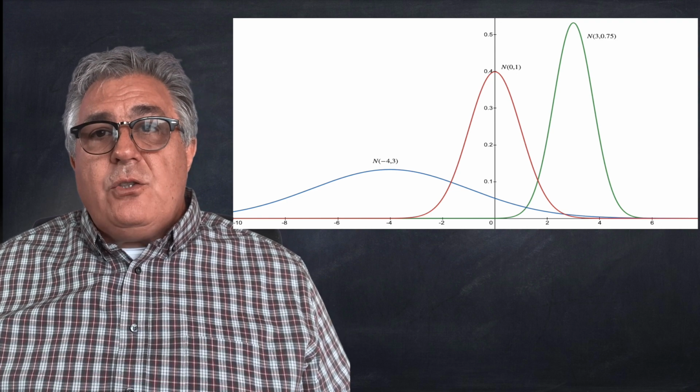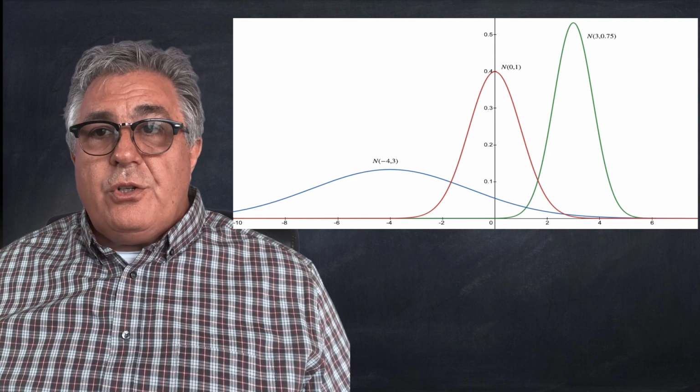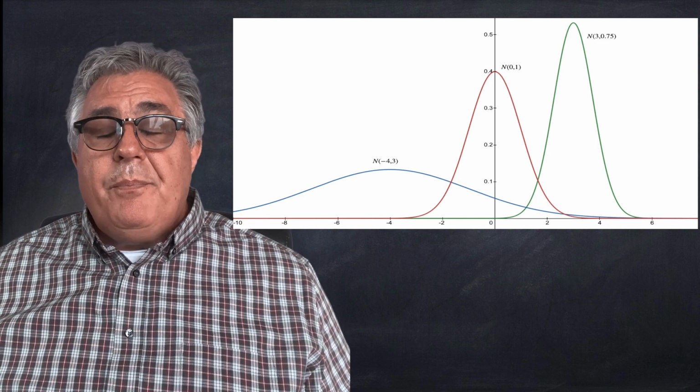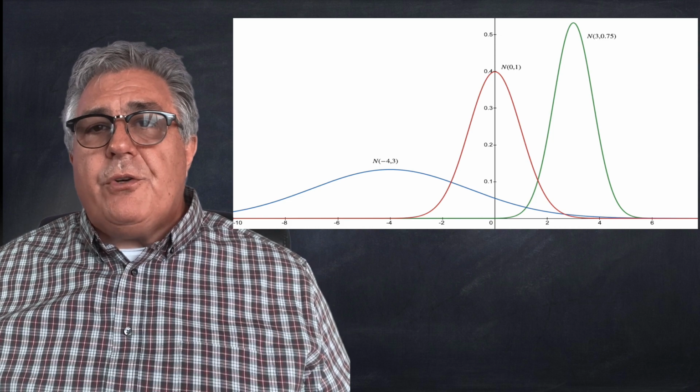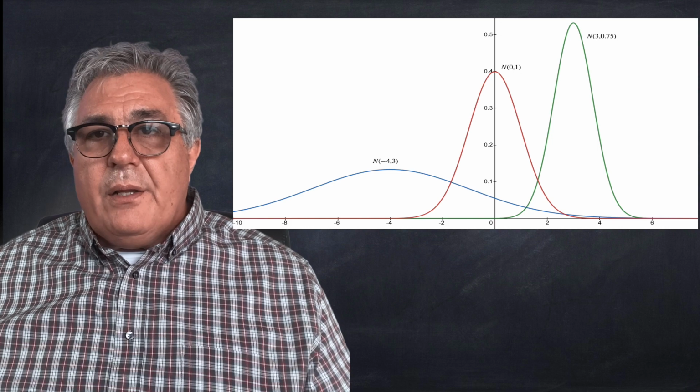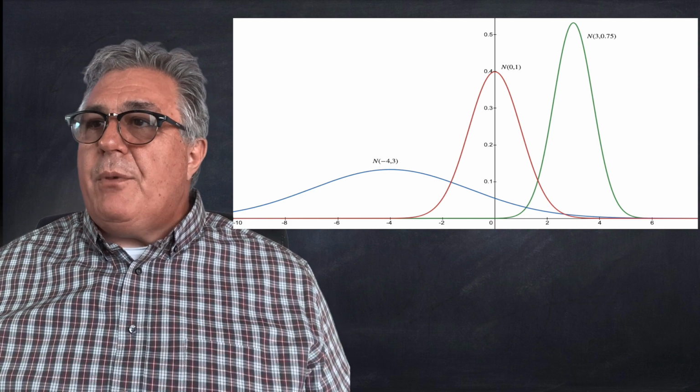And notice that each one of these bell-shaped distribution curves are centered at the means. So the mean is also referred to as a measure of centrality or a centrality parameter.